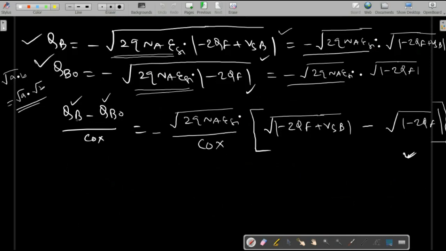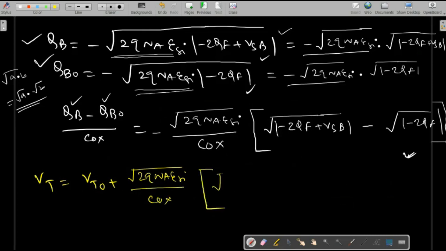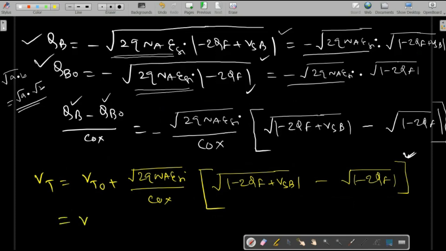So finally we are getting Vt equal to Vt0 minus, and another minus is there, so it will be plus root of 2QNA epsilon SI by COX into root of minus 2 phi F plus VSB minus root of minus 2 phi F. So this term, root of 2QNA epsilon SI by COX, is called gamma.